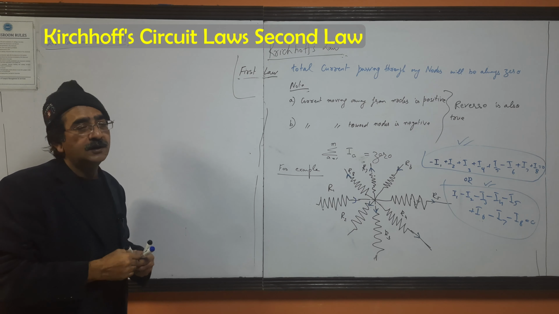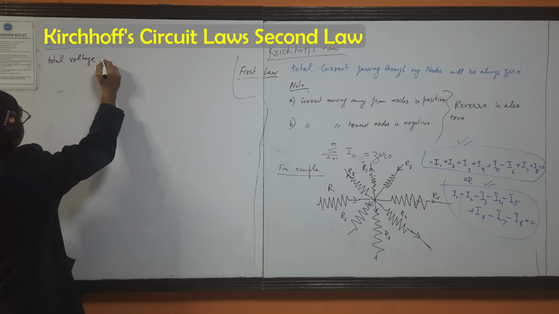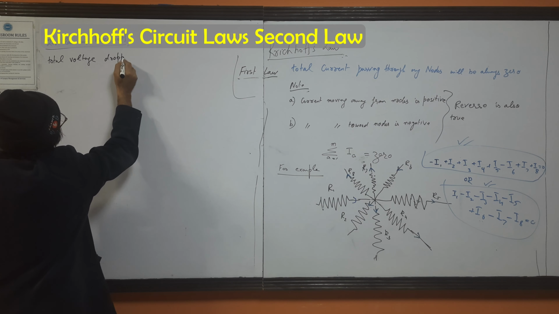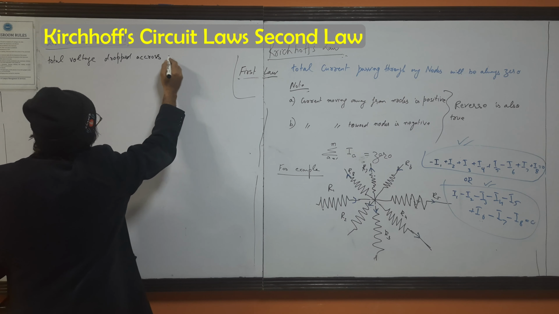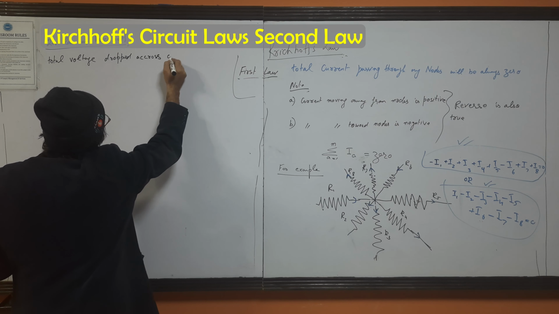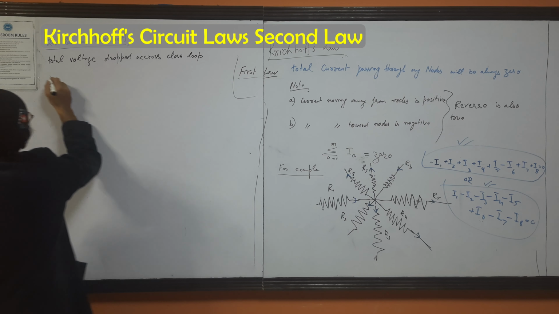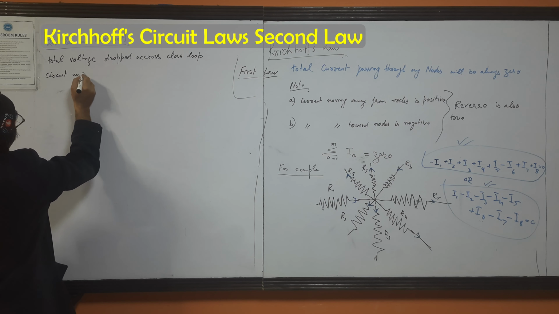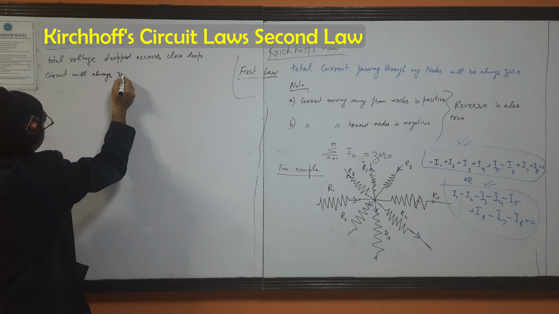Total voltage drop across a closed loop circuit will always be 0.